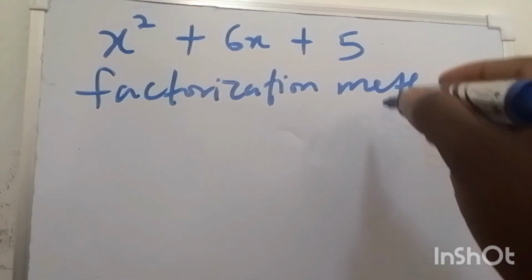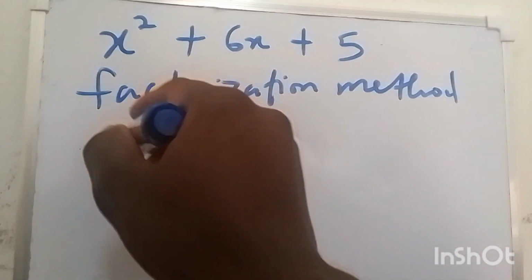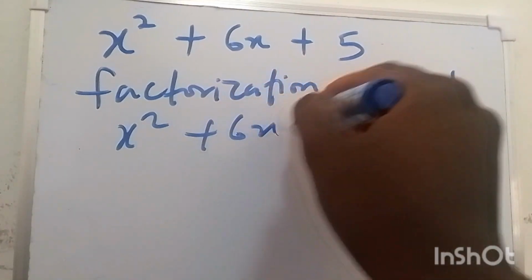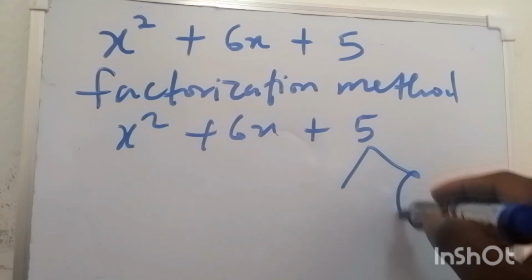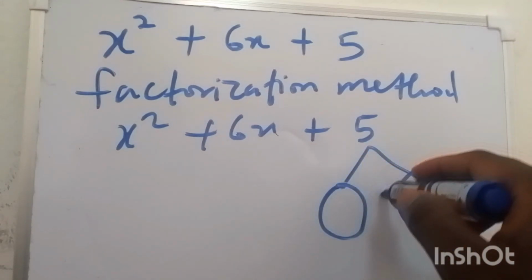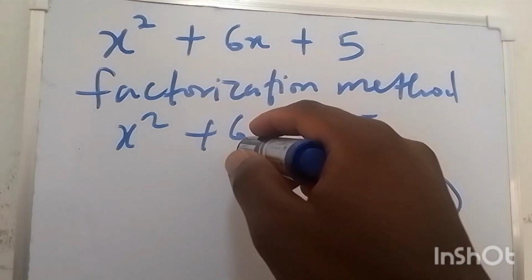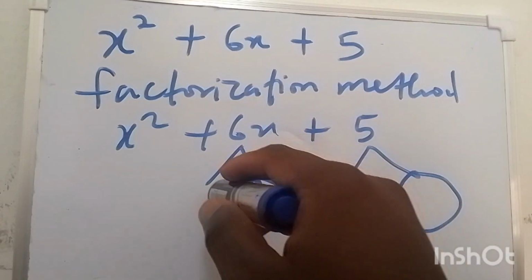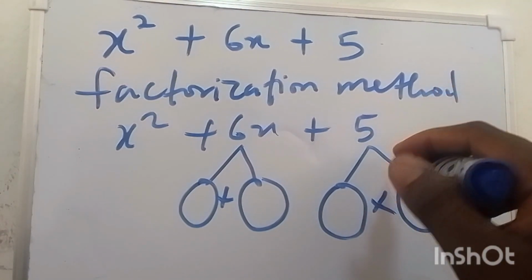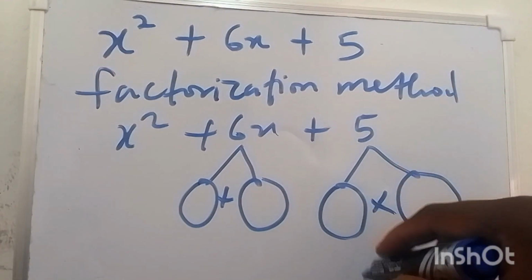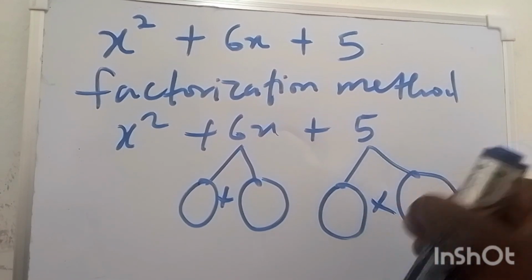All we need to look at is, okay, let me write the question back, x squared plus 6x plus 5. All you need to think of is two numbers you are going to multiply together to give you 5. The same two numbers, when you add both of them together, give you 6. We have the factors of 5, which are 1 and 5, because 5 is a prime number.